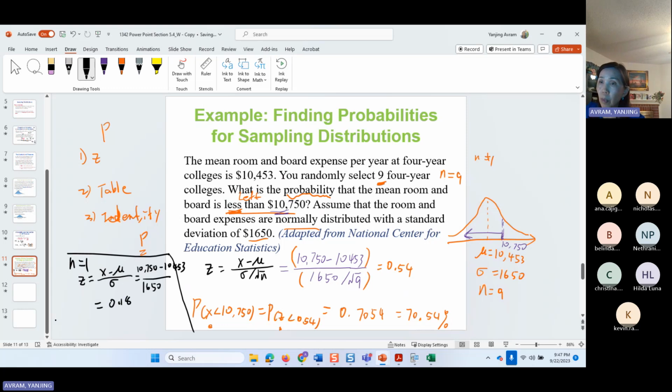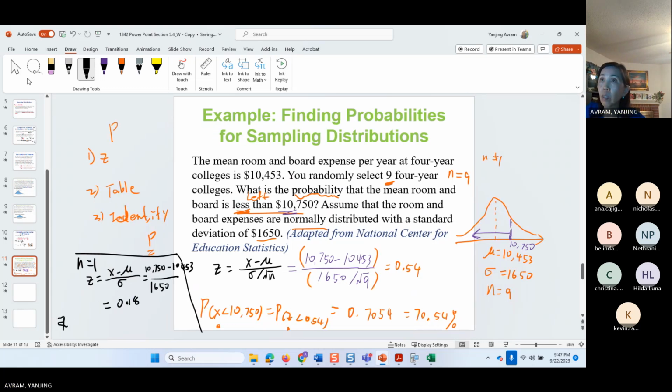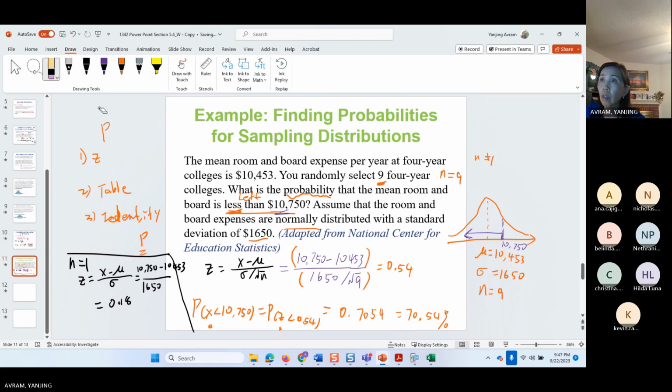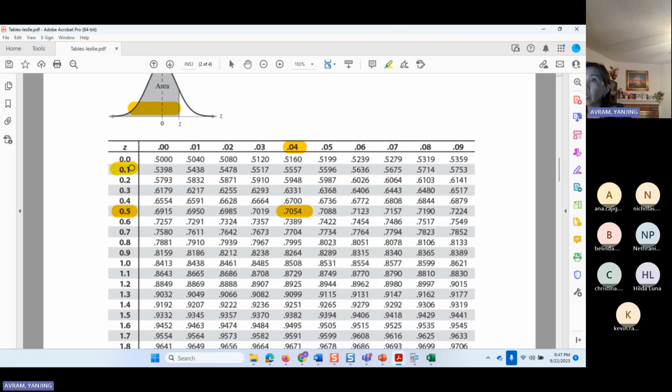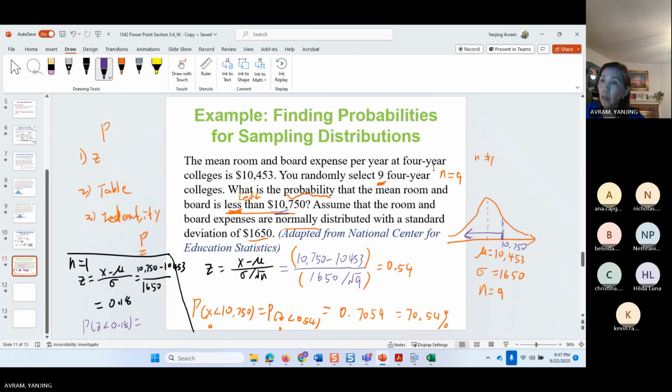All right, let's see what the probability is. What is the probability that z is less than 0.18? Okay, so 0.1 right here, 0.18 will be right here, 0.5714, or 57.14% chance.